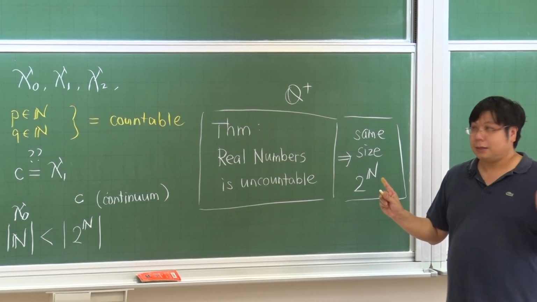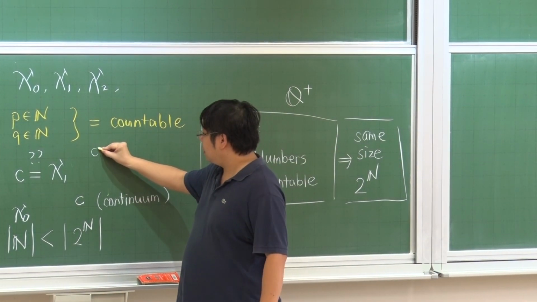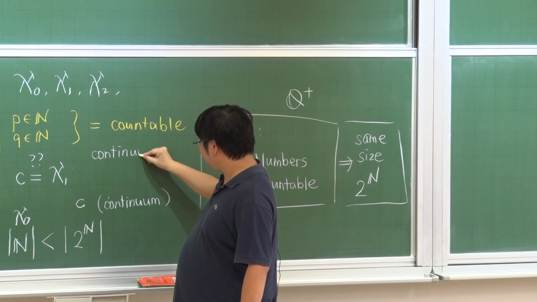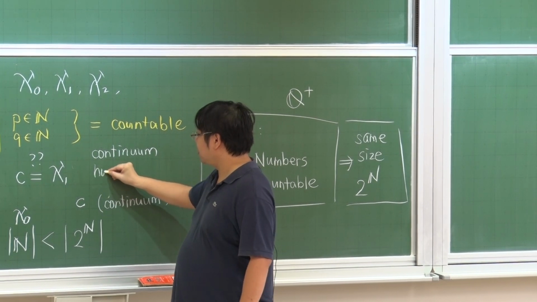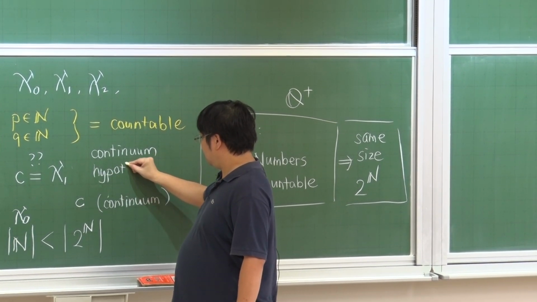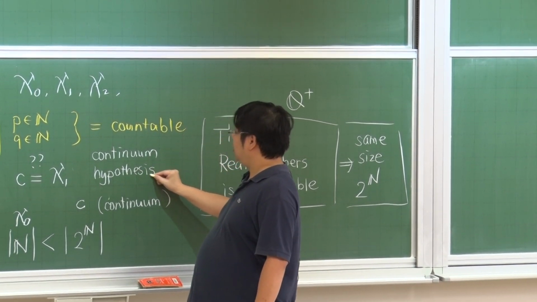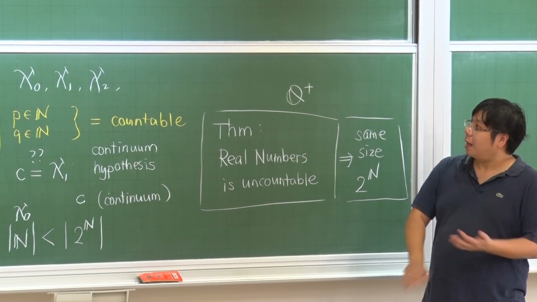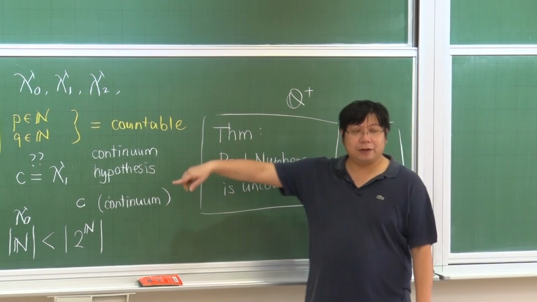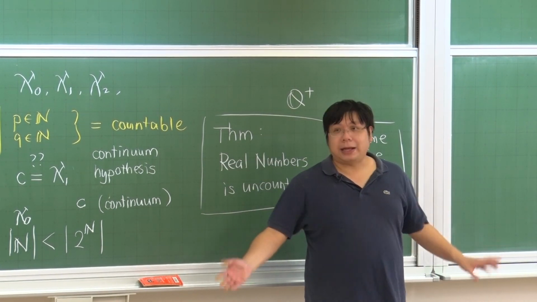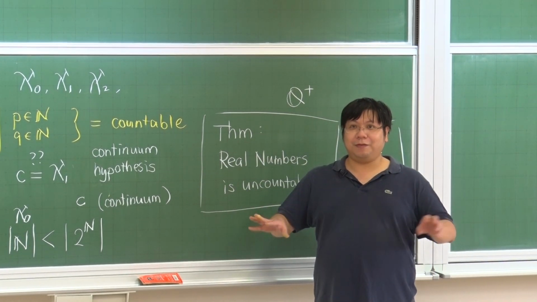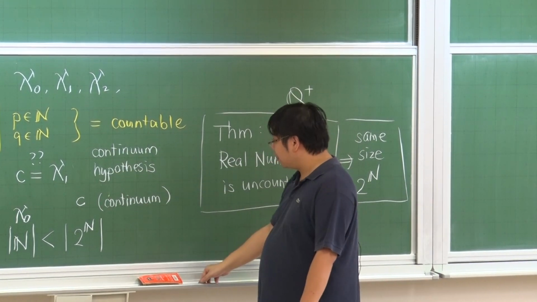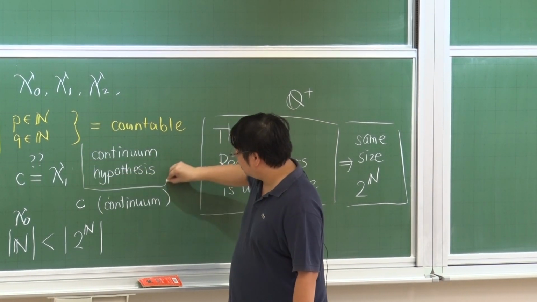Nobody knows, okay? And this is called the continuum hypothesis. If you are interested in these things, an infinity larger than another infinity, you can check the Wikipedia page on the continuum hypothesis.